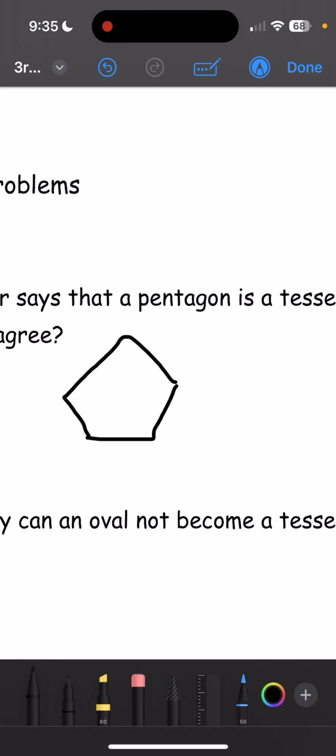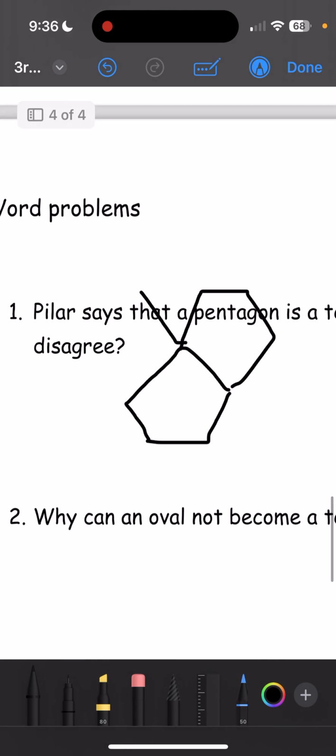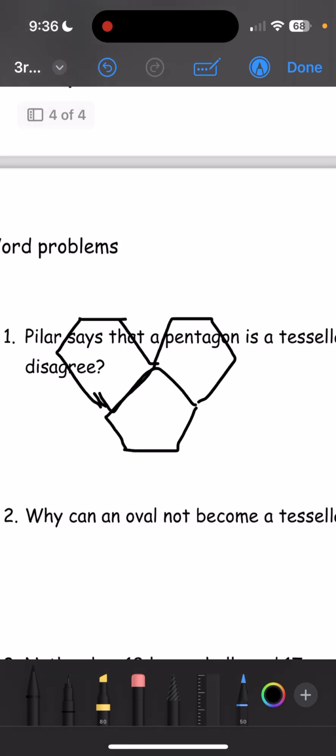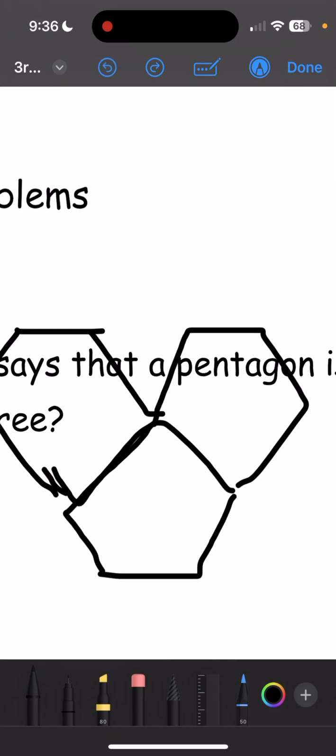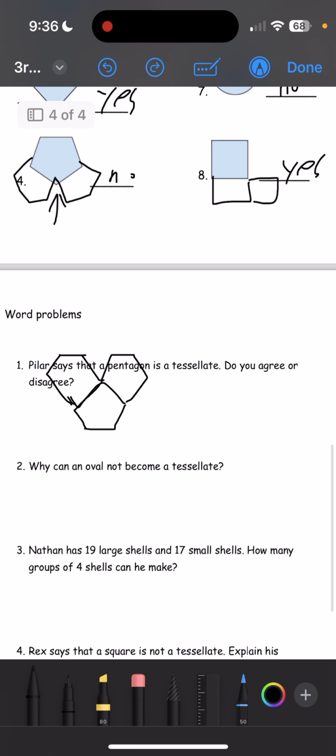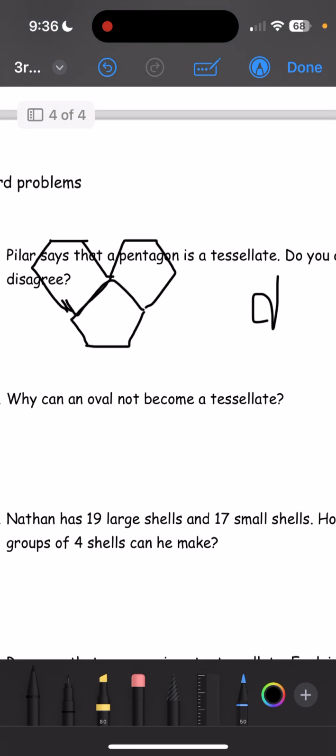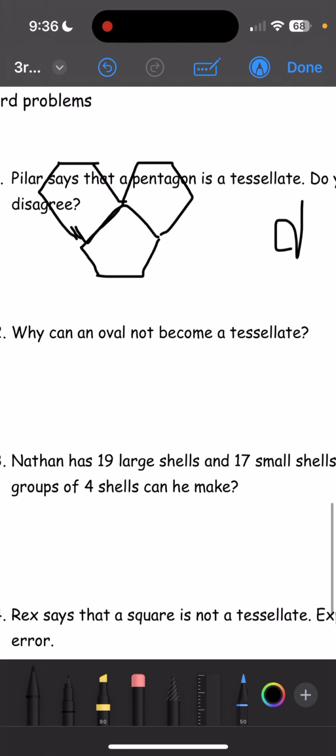When we put another pentagon just like that, we do not have a pentagon that could fit in this gap right here, and it would always leave a gap between the pentagons, so disagree.